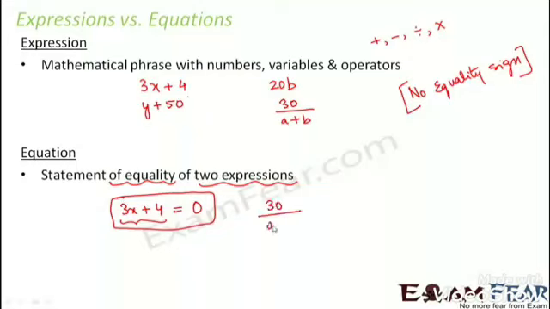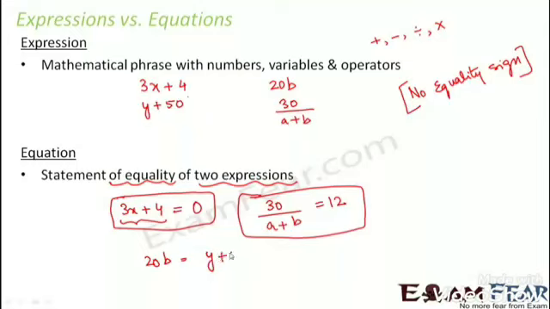Similarly, 30 divided by a plus b is equal to 12. This thing overall is an equation. 20b is equal to y plus 50. In the previous example, we saw this is an expression, this is an expression. But when we equate the two of them with an equality sign, it becomes an equation.